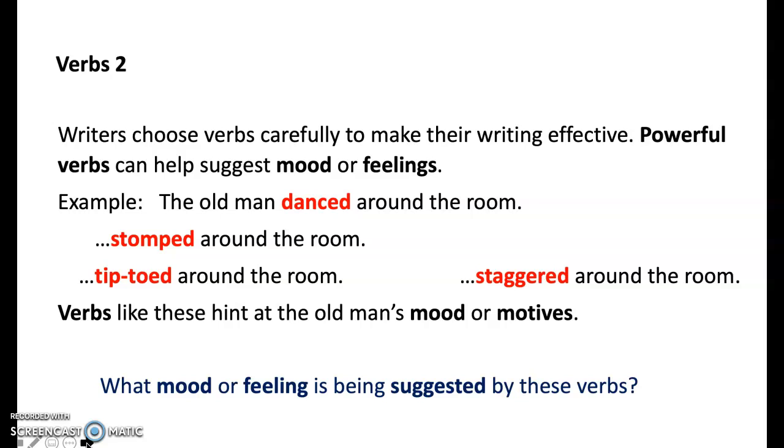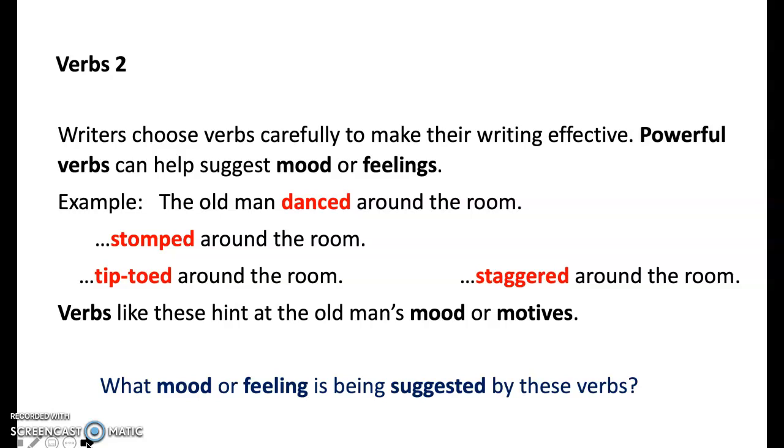If someone tiptoes around the room, what does that verb suggest to you? What are the connotations of tiptoe? Why would someone tiptoe? If someone staggers around a room, why would they stagger? What are the connotations of the word stagger? So you can see that the mood or feeling can be suggested by these verbs.